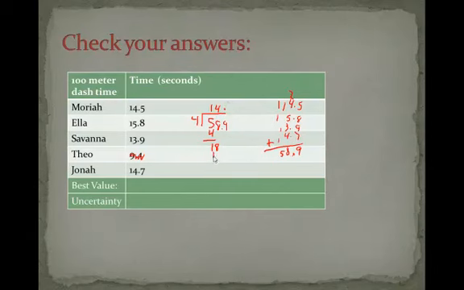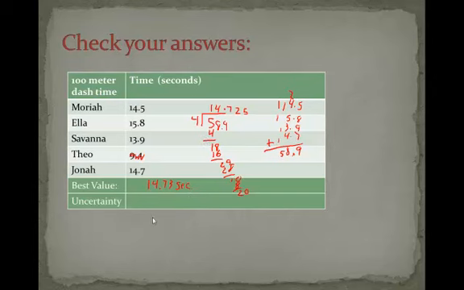So I've got 16, that's a 2, bring down my 9, 7 times 4 is 28, drop my 1, bring down a 0, that's a 2, that's 8, drop a 2, bring down a 0, and 5. So my best value, I'm going to go ahead and round that to the hundredths place. So I have a best value of 14.73 seconds. Okay, just a regular average.